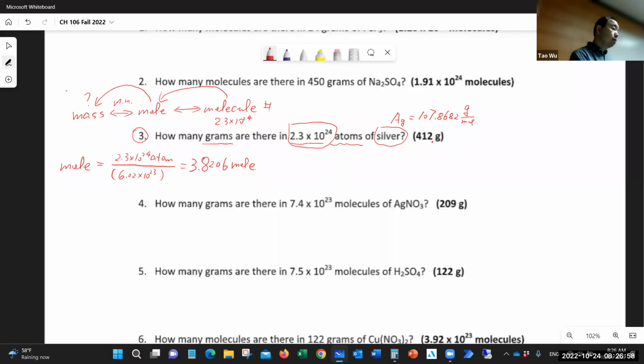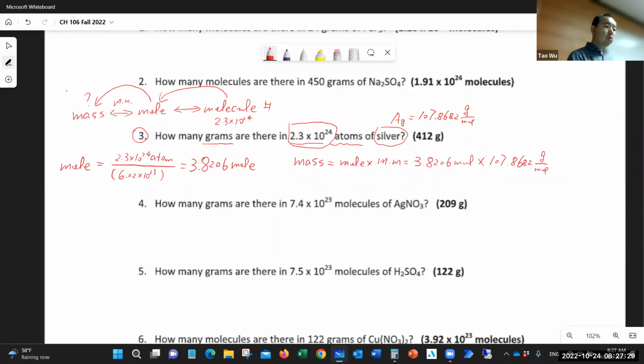So now you got a mole and you want to get a mass, and remember the equation: the mass is equal to mole times the molar mass. So you have 3.8206 mole of silver, and you times the molar mass of silver, 107.8682 gram per mole.